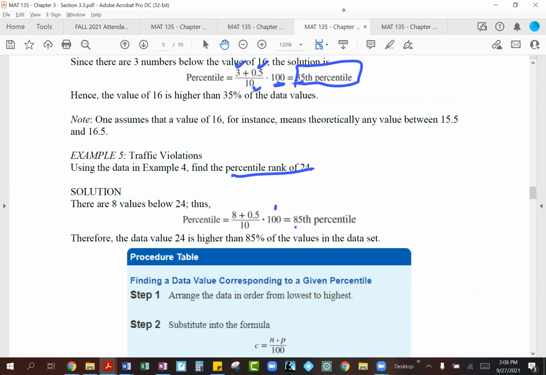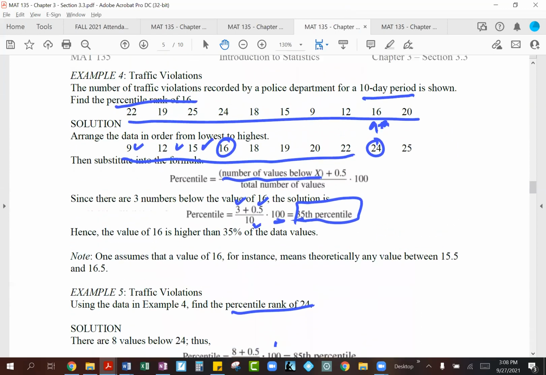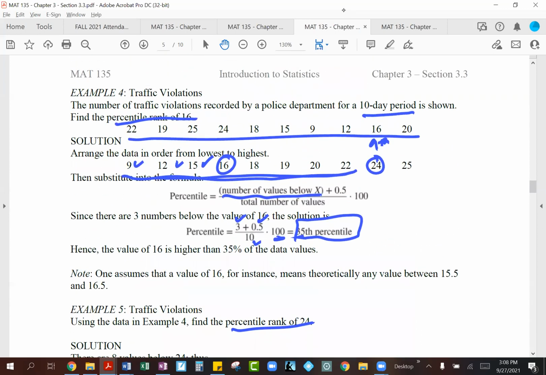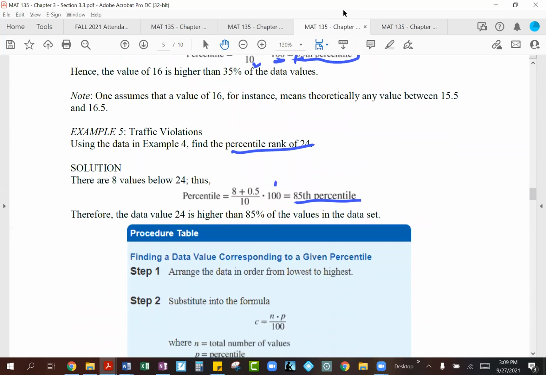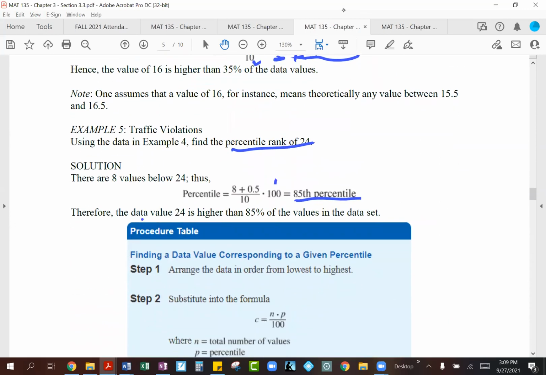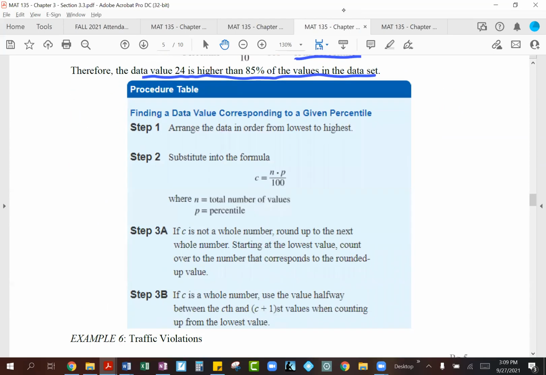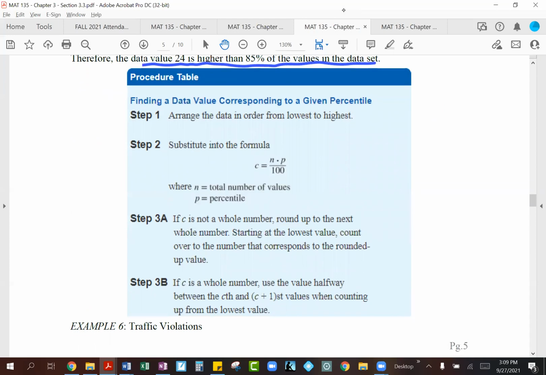And this number will fall into the 85th percentile, which means 85% of our data values fall below 24. Or in other words, they're saying data value 24 is higher than 85% of all the data values that you have in the set. So they're just giving you the idea of how to calculate your percentile.